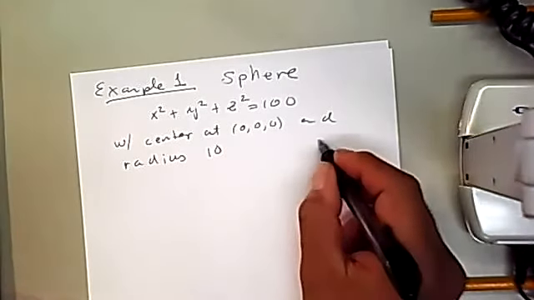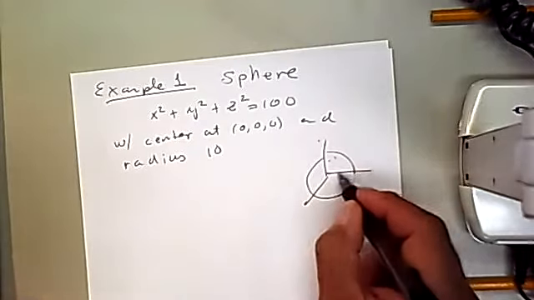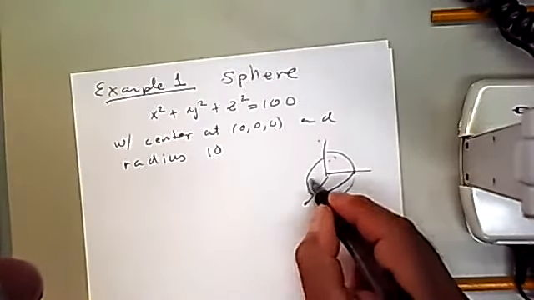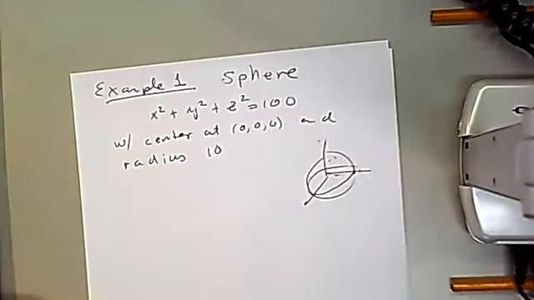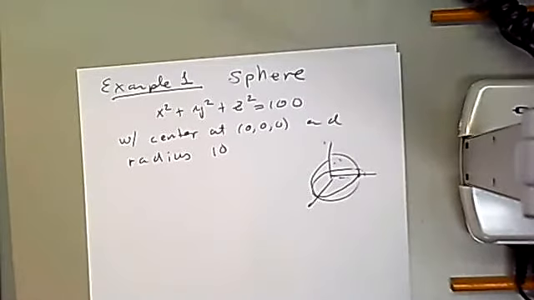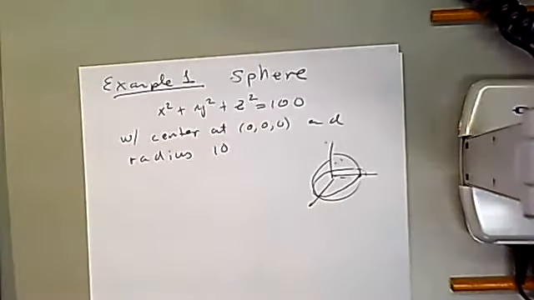So if you look at the picture, you're going to end up with a nice ball. It's 10 units in any one direction, and that's going to be a sphere. Let's elaborate on this equation.